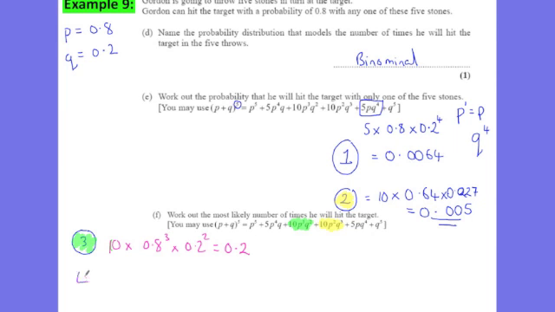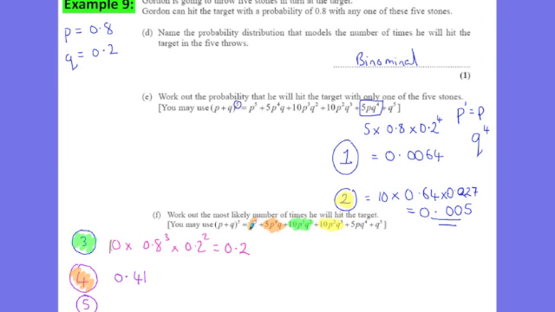For 4 times, here we are interested in this part of the binomial expansion. Substituting in our values, we have the probability being equal to 0.41. And lastly, for 5 times, hitting the target 5 times.